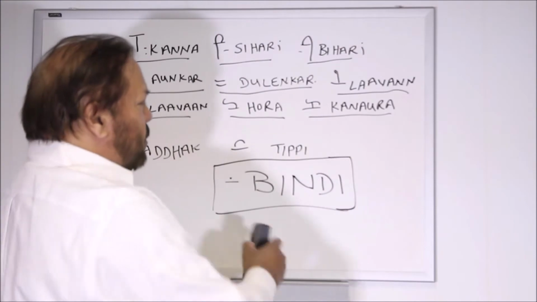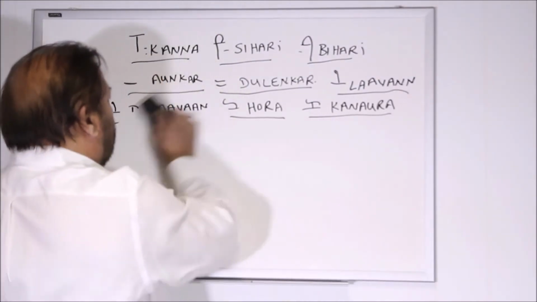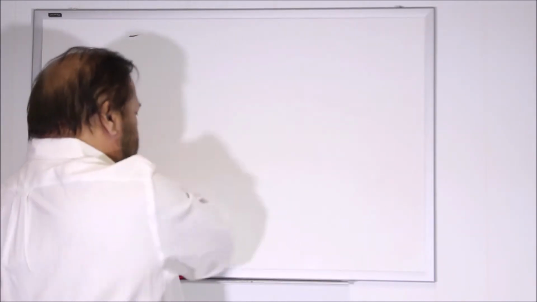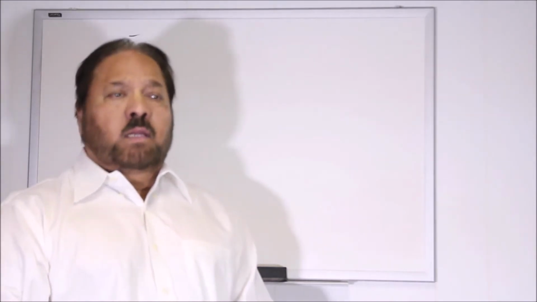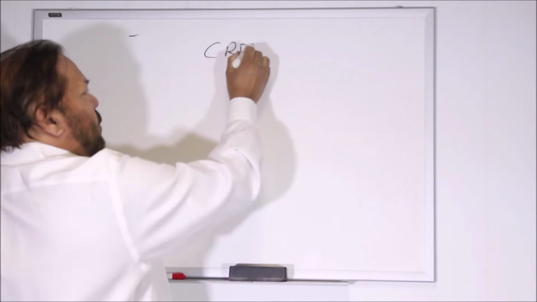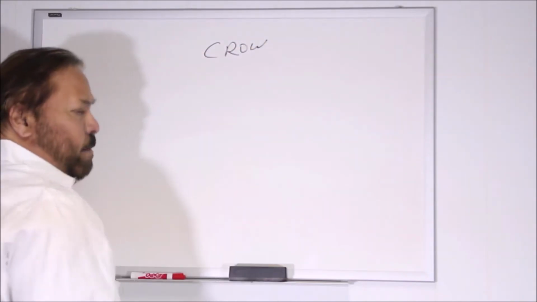What I'm going to do is we can just clean the board, and I will use first one example, probably the simple one, Kaan. In English, crow. In Punjabi, we call it Kaan.